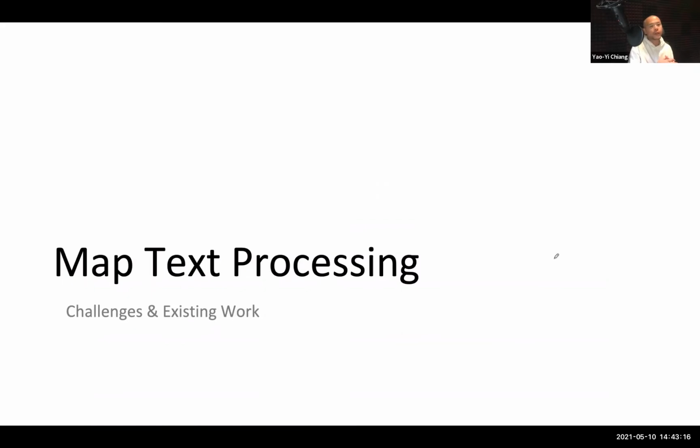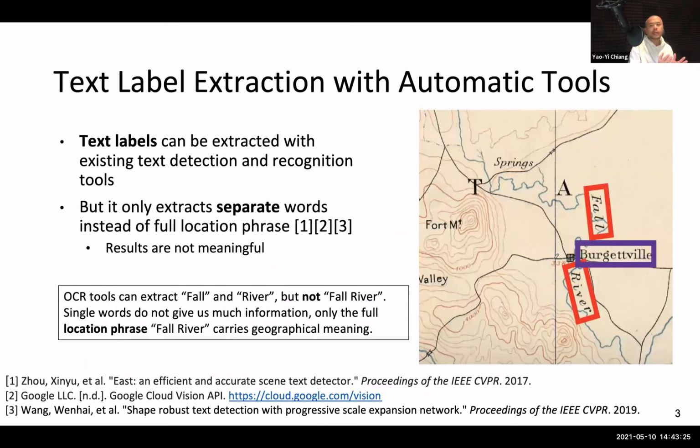Now I'm going to tell you about the existing works and challenges in processing text in maps. Many existing approaches have been proposed and systems have been built to extract text labels from images, and some of them can handle maps. But a particular limitation that we saw is that OCR tools or text label extraction tools can only extract separate words from map images instead of full location phrases, and these are not that useful.